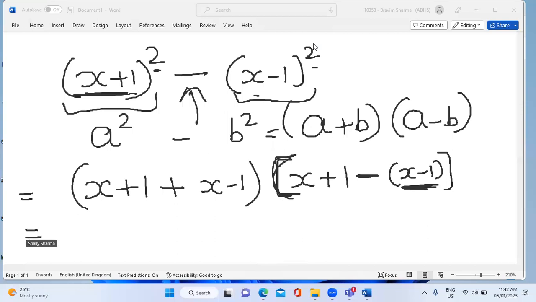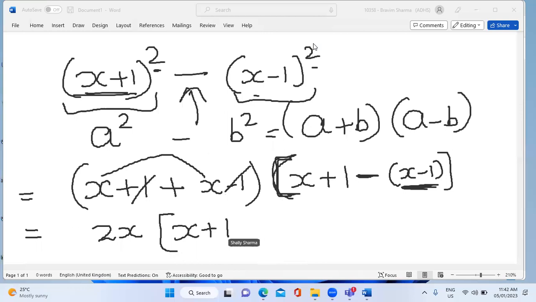In this next step, x and x can be written as 2x. 1 and negative 1 would cancel out. And from the second bracket, we have x plus 1. Open this second bracket here. It will be minus x and plus 1, because nothing is written, so it is like a minus 1. So minus 1 times x is minus x.